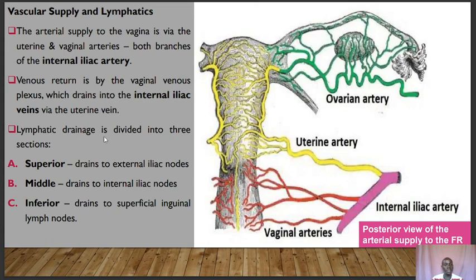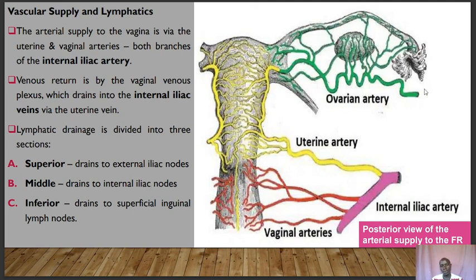The lymphatic drainage is divided into three sections. The superior section drains into the external iliac nodes. The middle one drains to the internal iliac nodes, and the inferior one drains to the superficial inguinal lymph nodes.